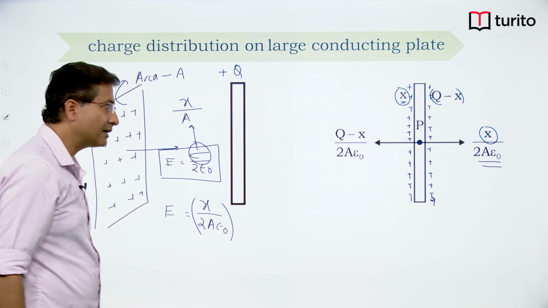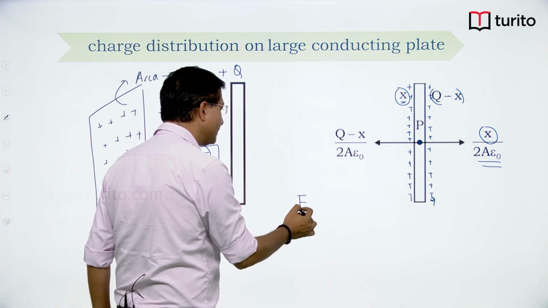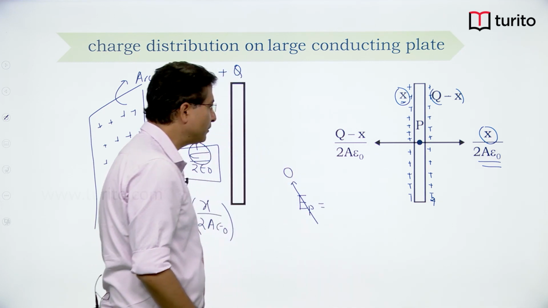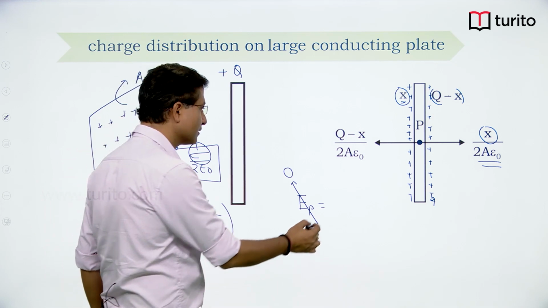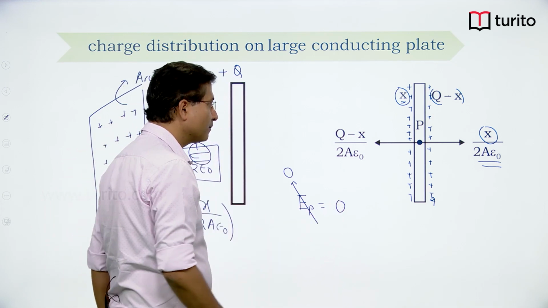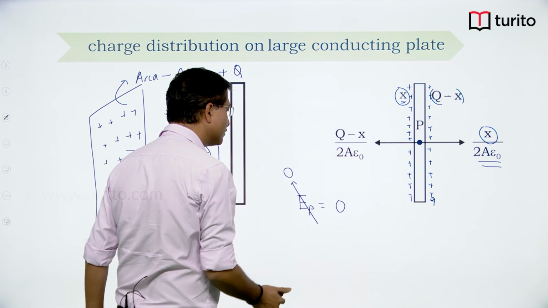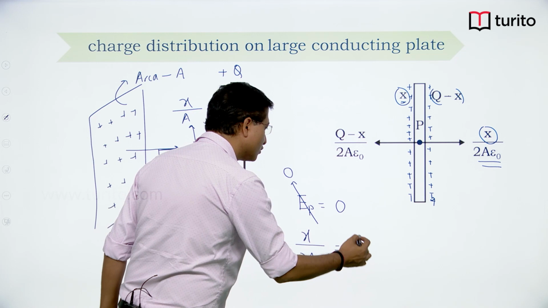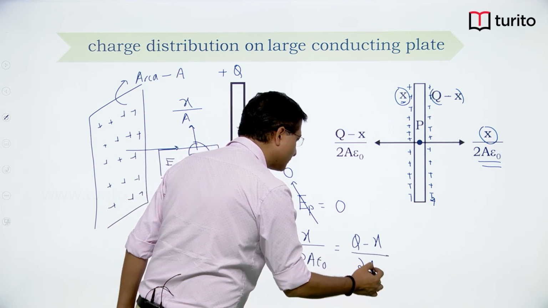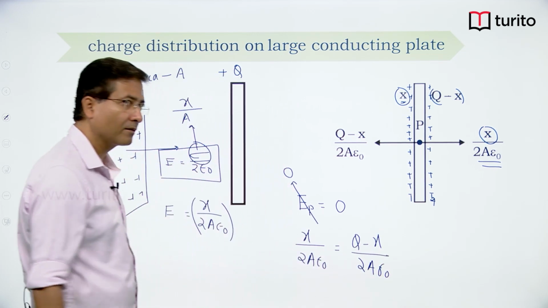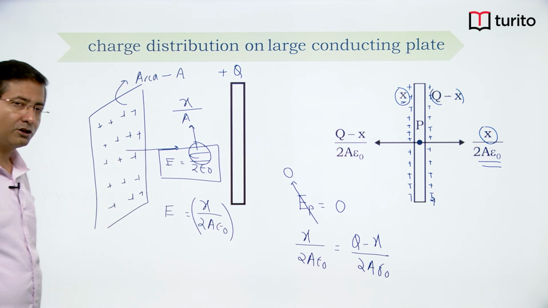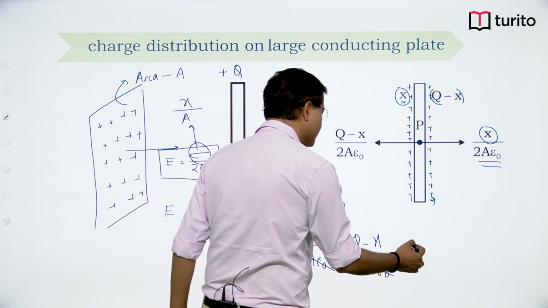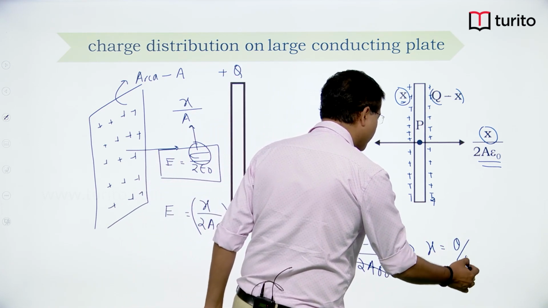And the condition is that the field at point P has to be 0, so this magnitude must be equal to this magnitude. I can equate x divided by 2A epsilon naught to Q minus x divided by 2A epsilon naught. These two will get cancelled out and you can see that we get x equal to Q by 2.